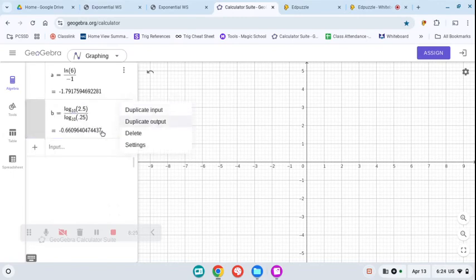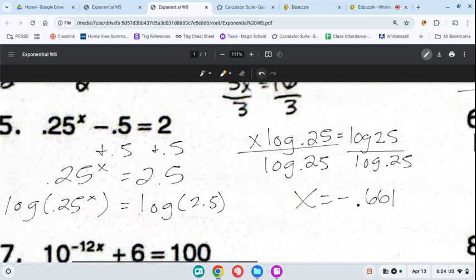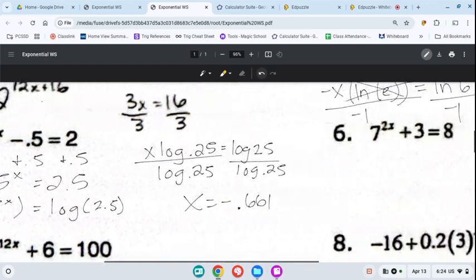There we go. Negative 0.661, or negative 0.66, is what x equals here. X equals negative 0.661 for number 5.